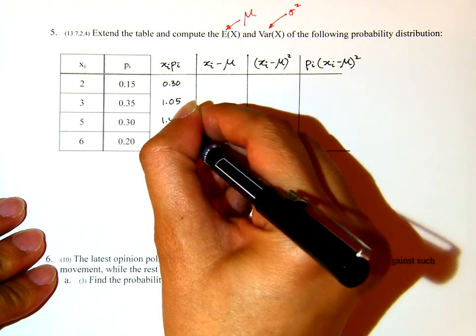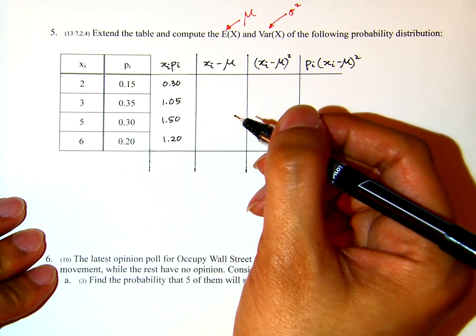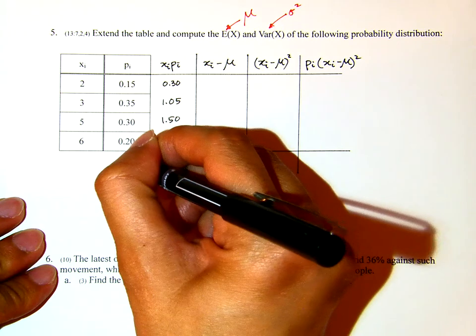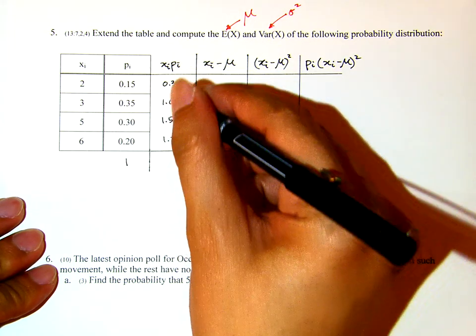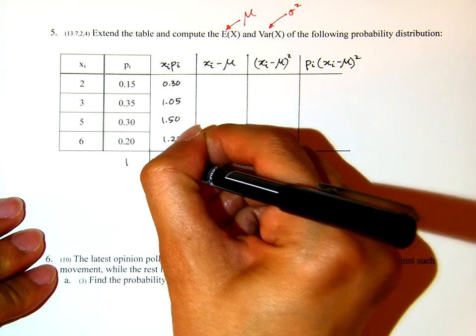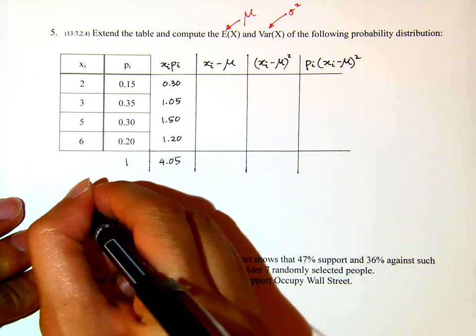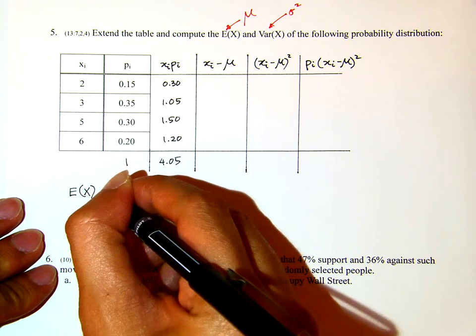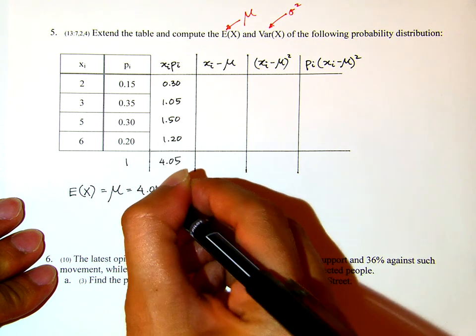This is 1.5, this is 1.20, right? Oh, by the way, when I add this, this equals 1, right? And then when I add this later on, 4.05. Use your calculator, of course. Therefore, the expectation of x, which equals the mu, is 4.05.